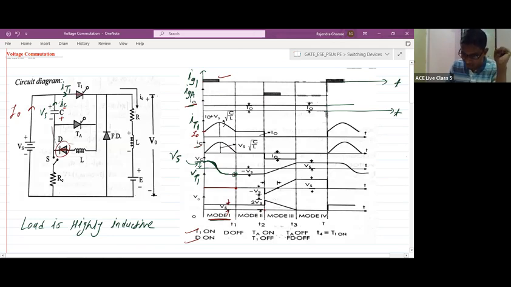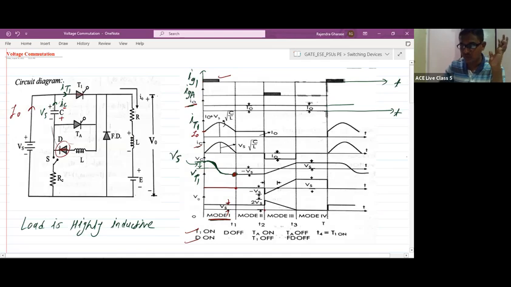The capacitor has charged to the reverse voltage, and a discharging path is not available for the capacitor. This diode will be in reverse bias mode, so the capacitor will hold the same voltage. Thyristor T1 is in on state. Current is flowing from Vs through T1, the load, and back to Vs. Only in this loop the current will be flowing.